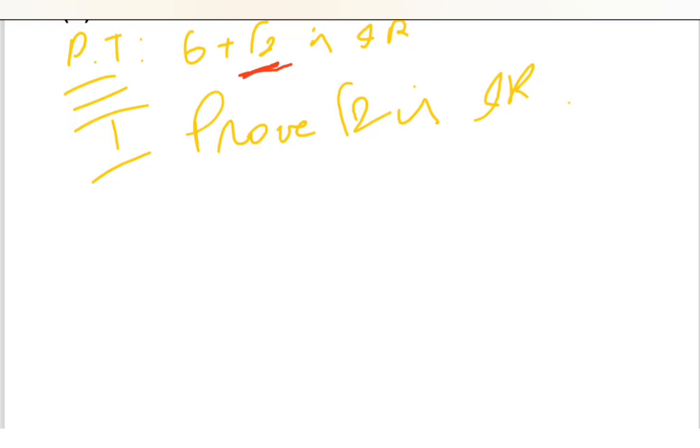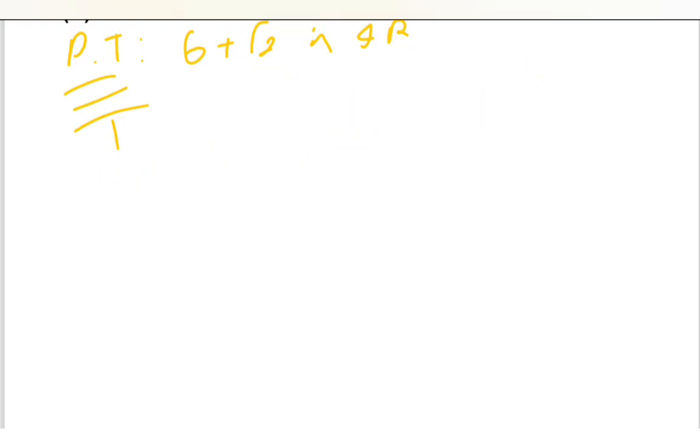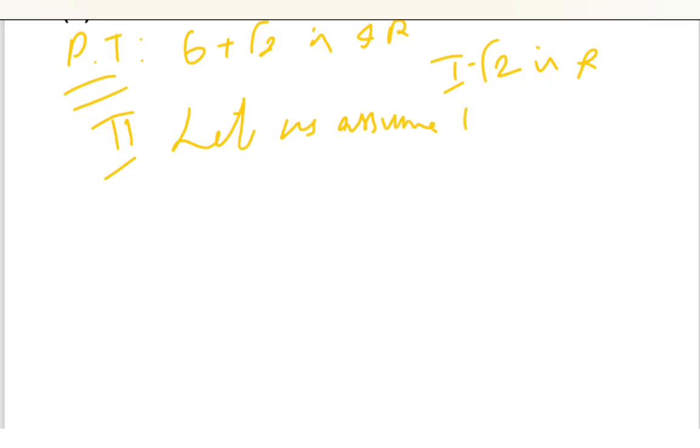So you know how to prove that. So I am skipping the first part and directly jumping to the second part. Okay. The second part is, let us assume. In the first part we have proven that root 2 is irrational. Now jumping to the second part, by assumption, let us assume 6 plus root 2 is rational.